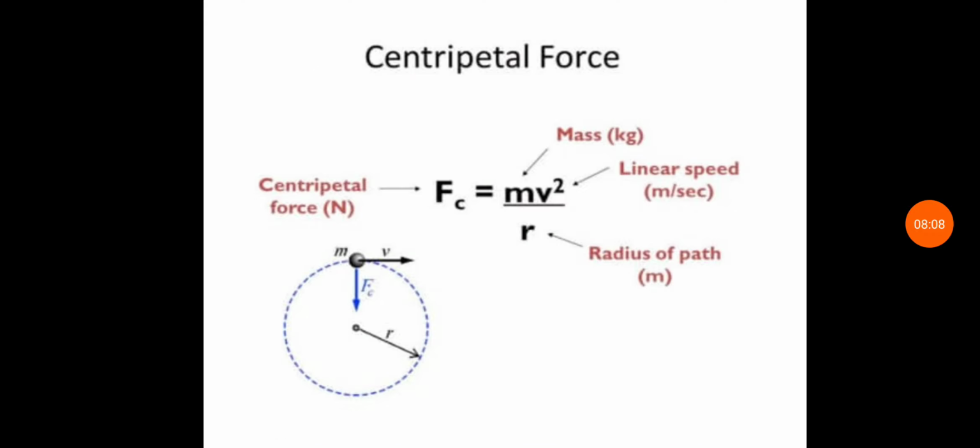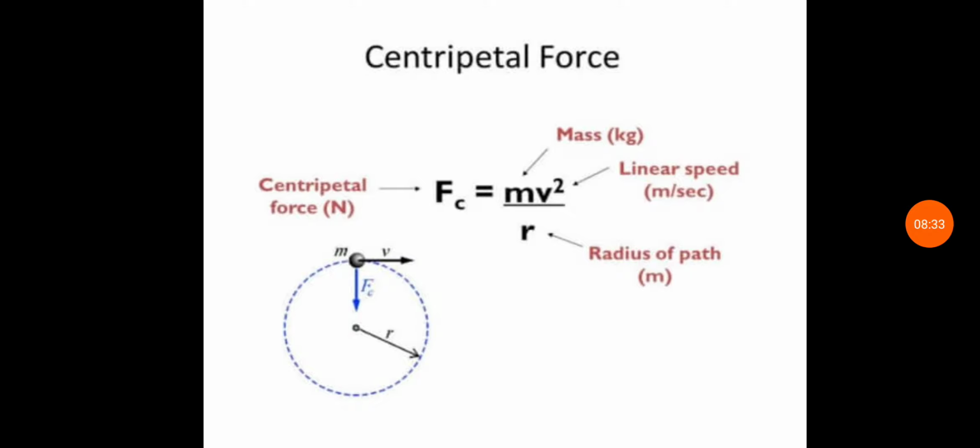Now, centripetal force. To produce an acceleration, a net force has to act on the system. The net force is directed perpendicular to the velocity vector. In this figure, you can see that this force and velocity are perpendicular to each other, towards the center of the circular path.